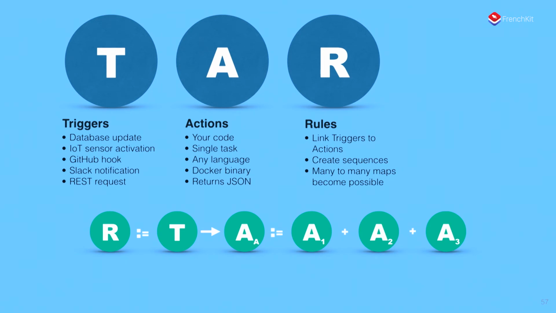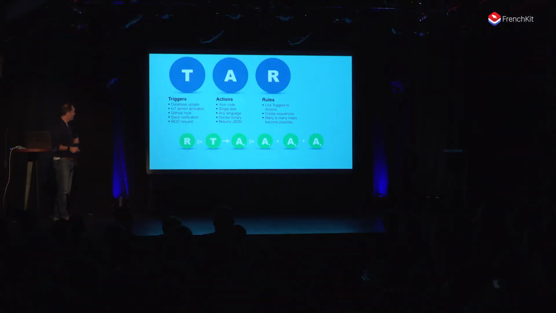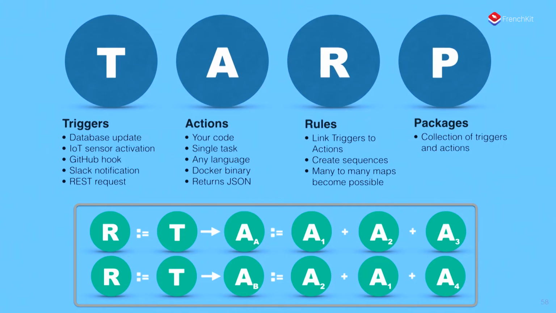So the design is to keep the actions nice and small and contained, like you would a function in your own code, and call that utility function from a number of other places. So you end up with these chains of actions being run together in order to achieve a more complicated outcome. And once you've got this, so you've got a rule which says a trigger causes a series of actions to occur, you can actually group these together, and you can have more than one of them, and you can put it together in a package. And that actually helps you build a full server-side application.